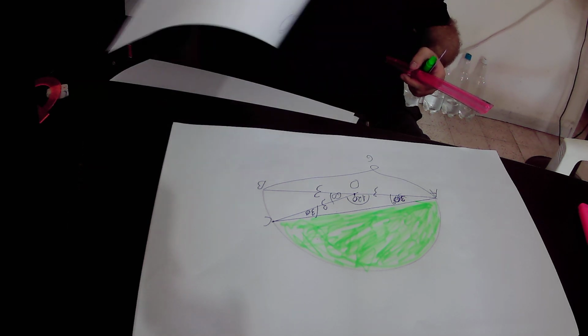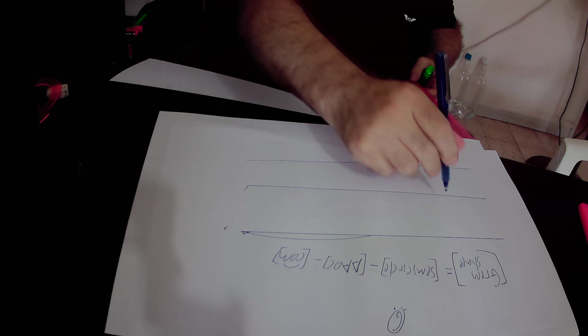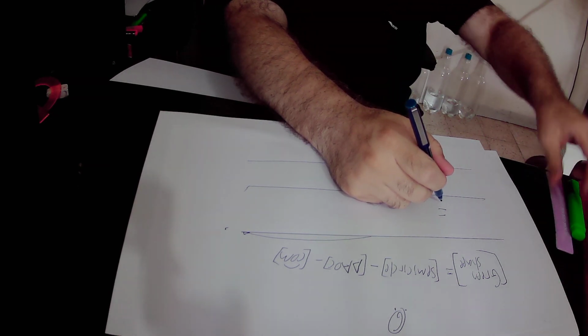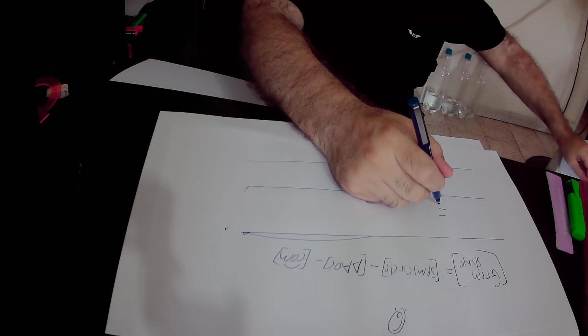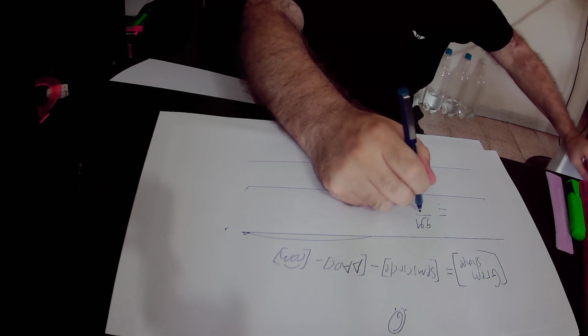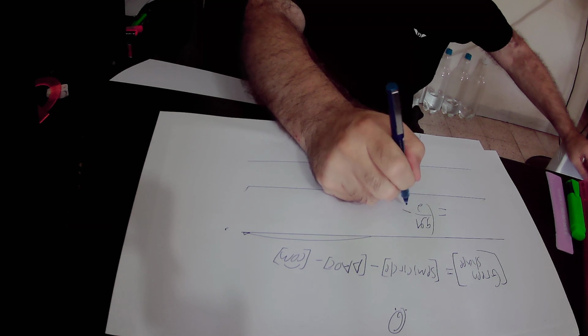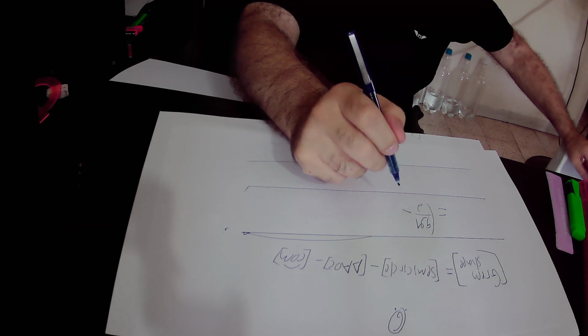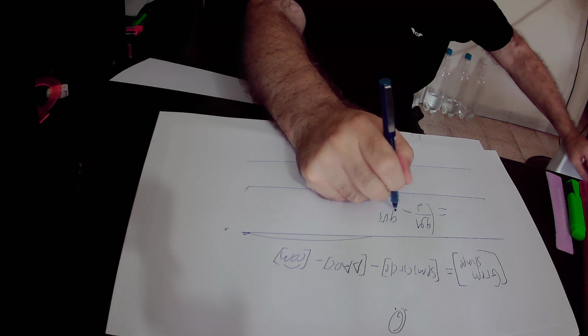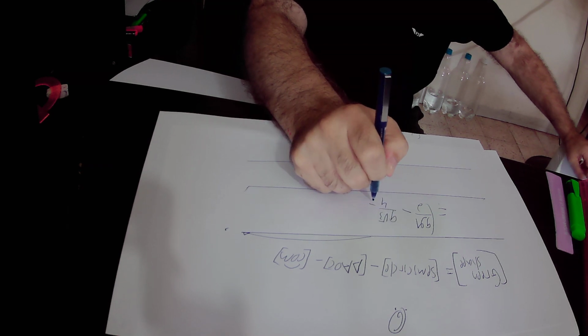We have already found out that the area of the semicircle equals 9 pi over 2. The area of triangle AOC equals 9 times square root of 3 over 4.